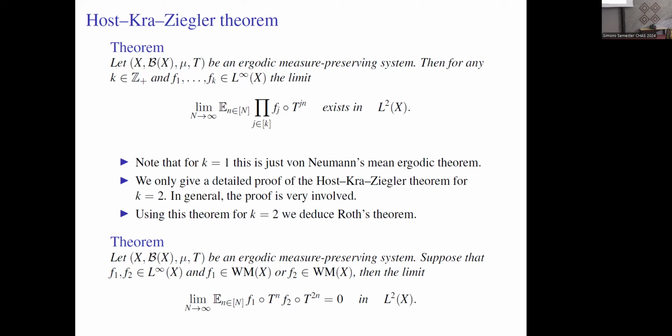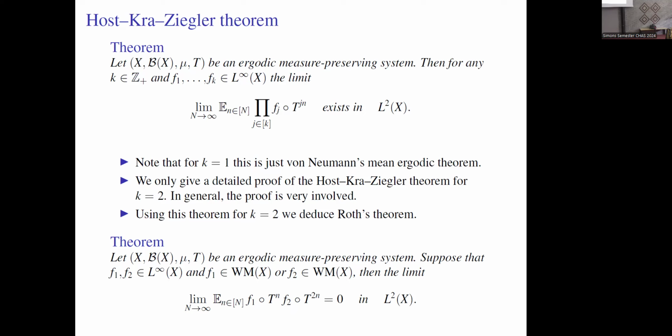But today we don't touch pointwise convergence at all. We only talk about L2 convergence, and I would like to show you how this can be established in the context of the bilinear operator, where k is equal to 2. The bilinear operator corresponds to Roth.